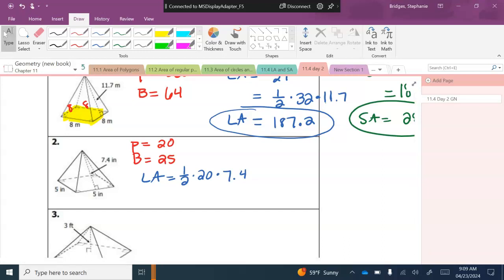So I got my lateral area of 74. And then the surface area is that same lateral area, 74, plus the area of the base.